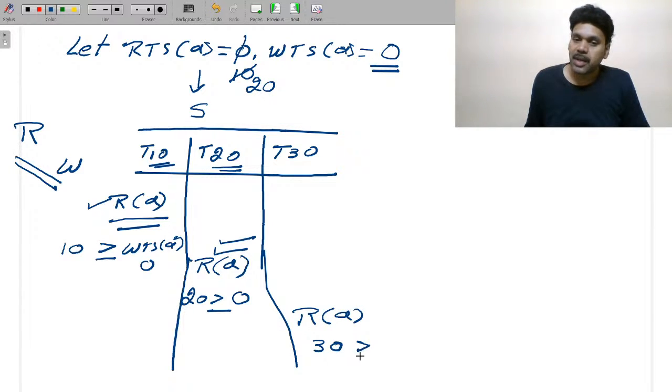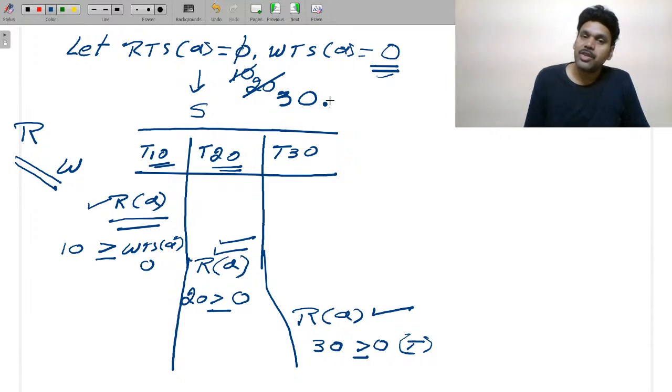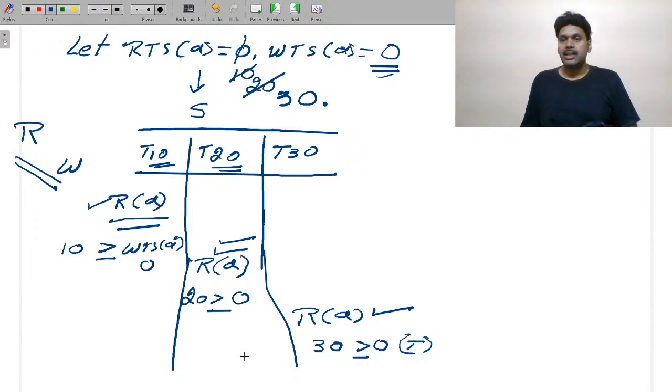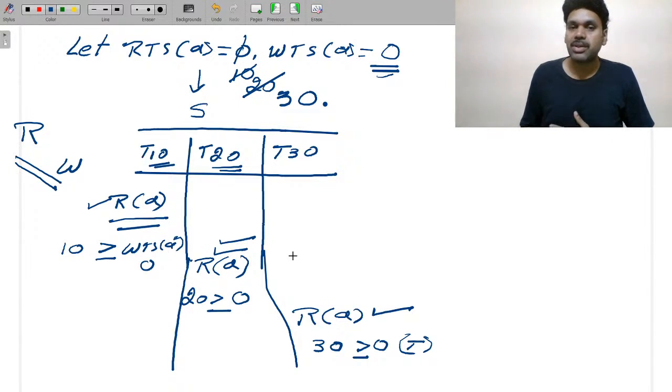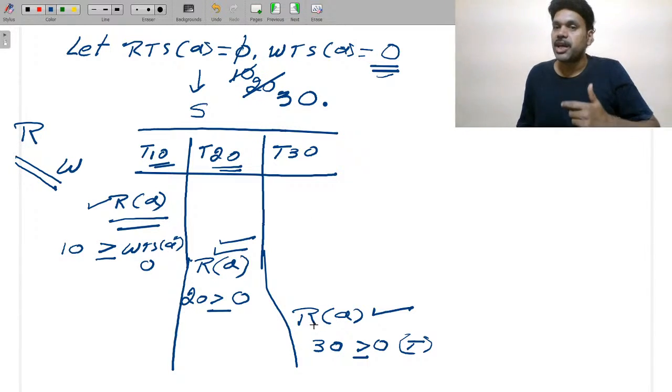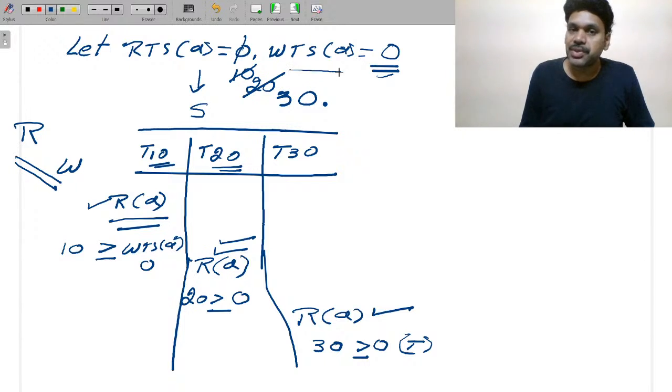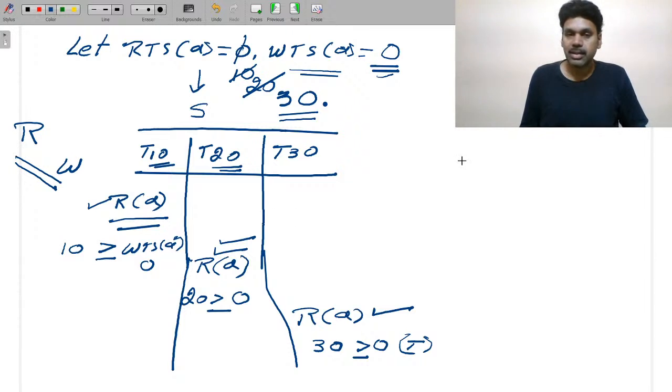Your requesting timestamp number is 30 and the write timestamp value is 0. This is also true. Therefore allow it. After allowing, your RTS value becomes 30. This is how the chain goes in the forward direction. Please observe. For every successful read operation, after comparing with the write timestamp value, the RTS value will be updated like this. Okay, friends?